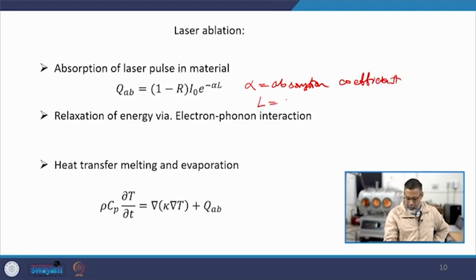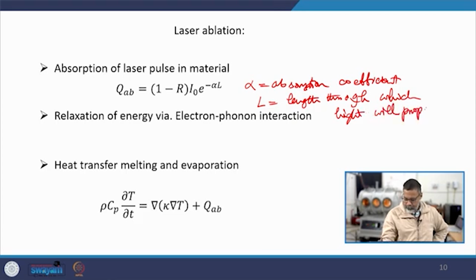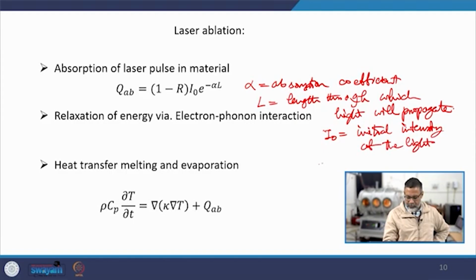and L is the length through which the light will propagate, I naught is the initial intensity of the light, and R is the reflectivity.